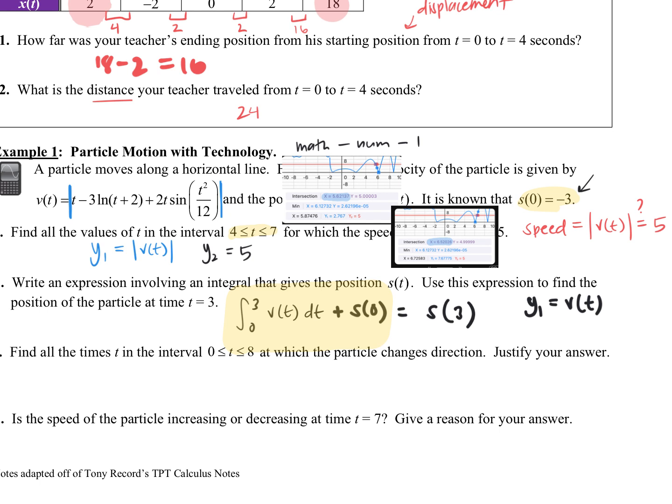Okay, then I can go ahead in my calculator, go math option 9, and then I can plug in my integral from 0 to 3 of y1, and then plus -3.